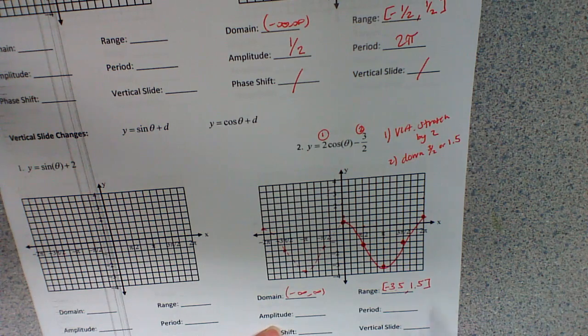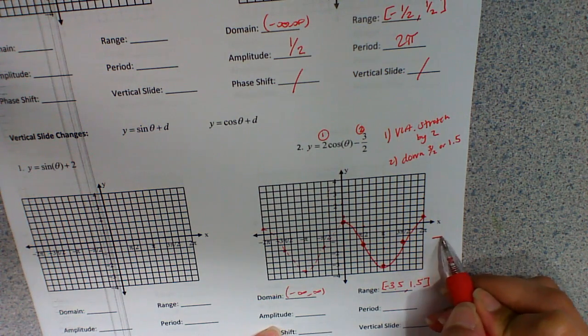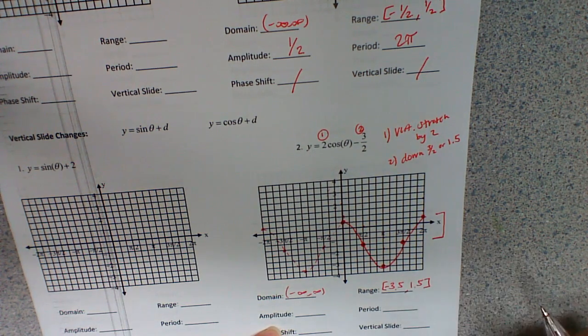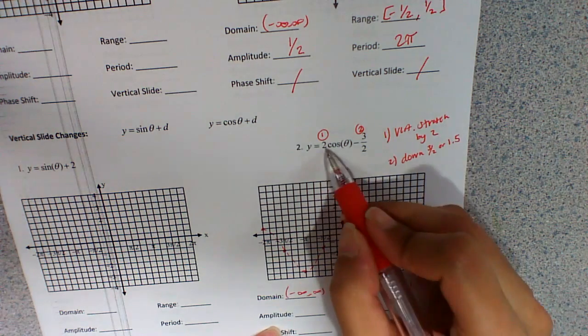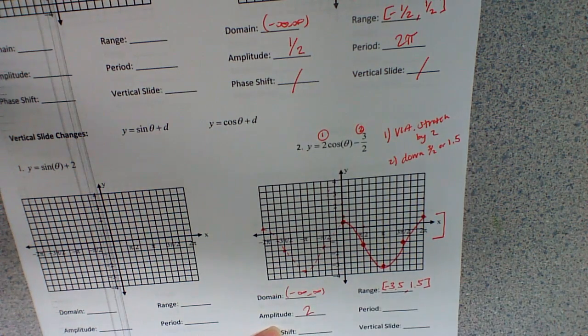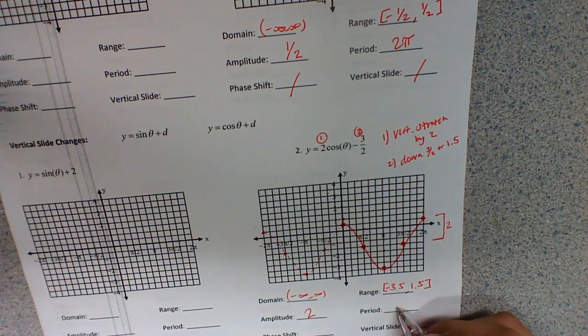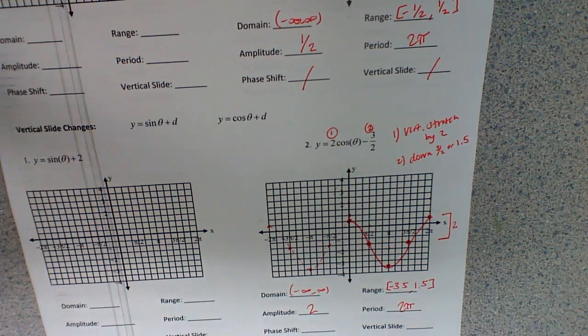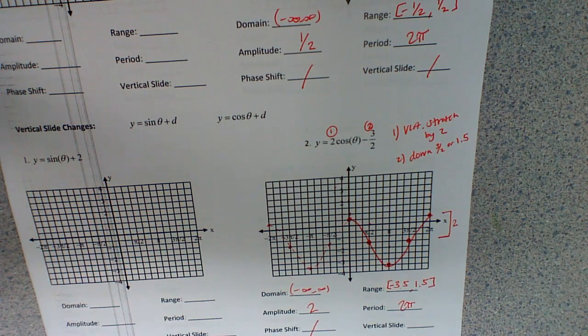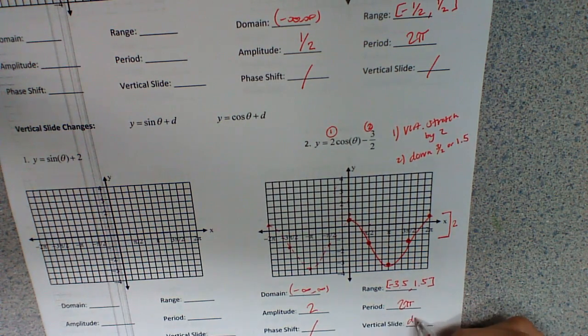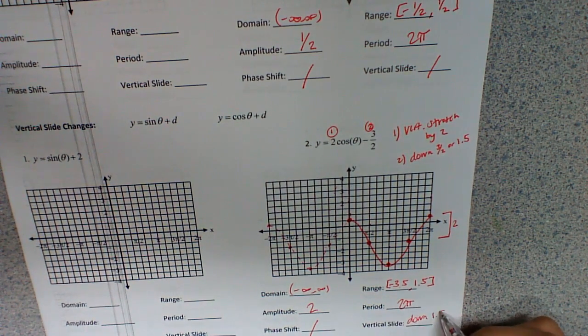The amplitude, again, it's the distance from the midpoint to the highest point. And if you take a look right here too, it is simply 2. Period is 2 pi. Phase shift, I don't have any left or right moves. Vertical slide, I do have. It's down 1.5.